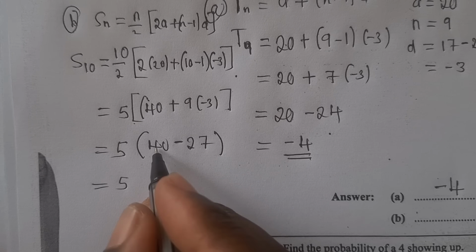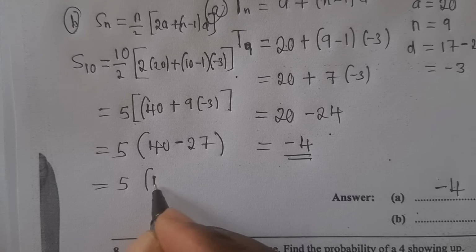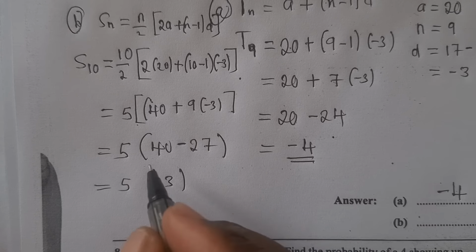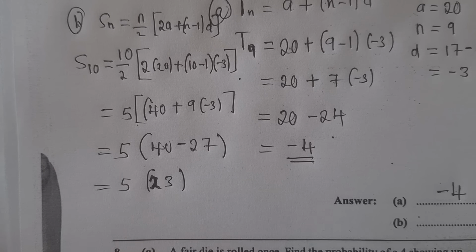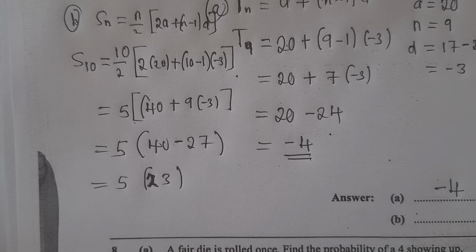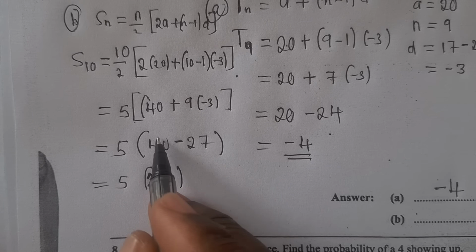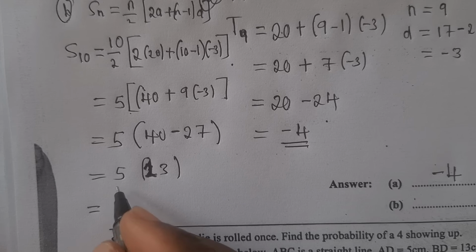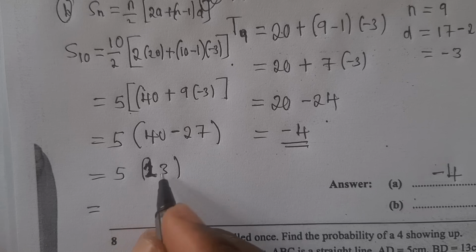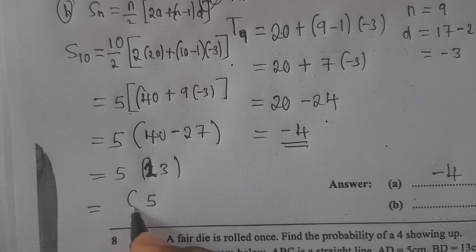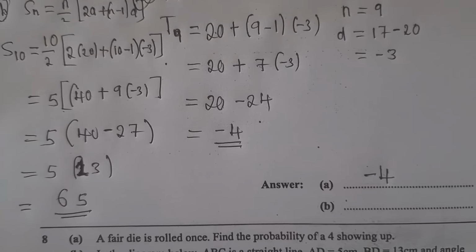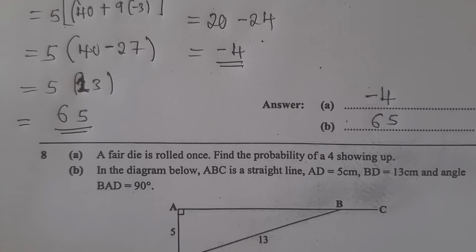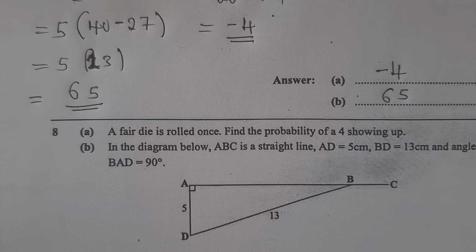It's giving us 13. Let me check. Yeah, it's 13. Then we multiply. This is giving us 5 times 13, 65. So we're getting 65. Okay.